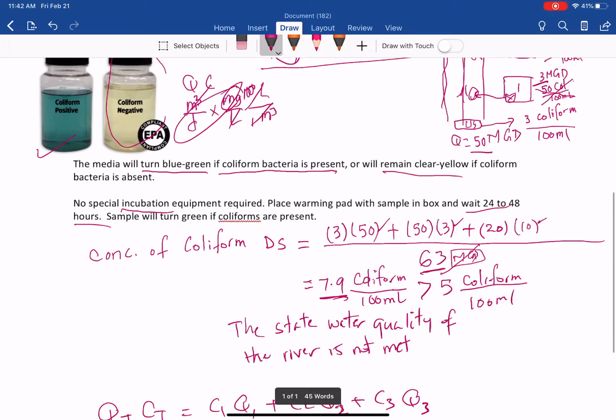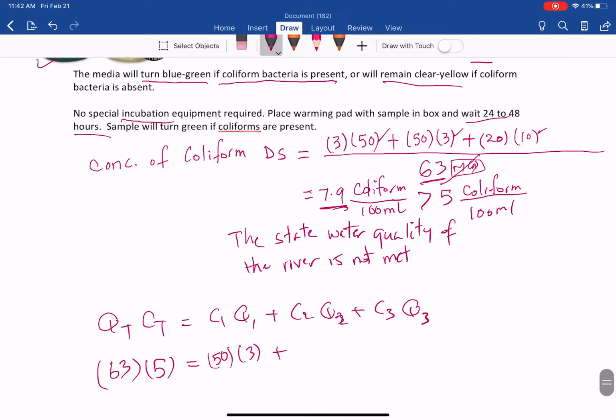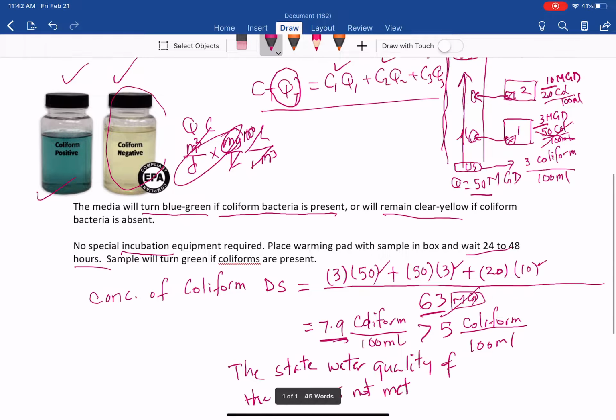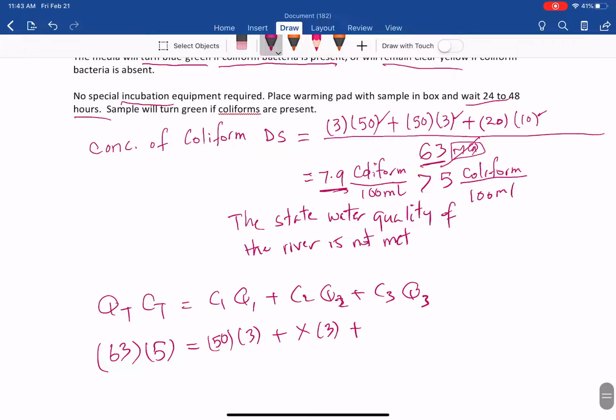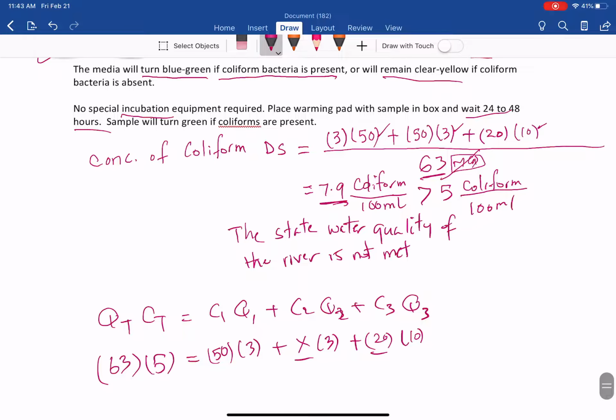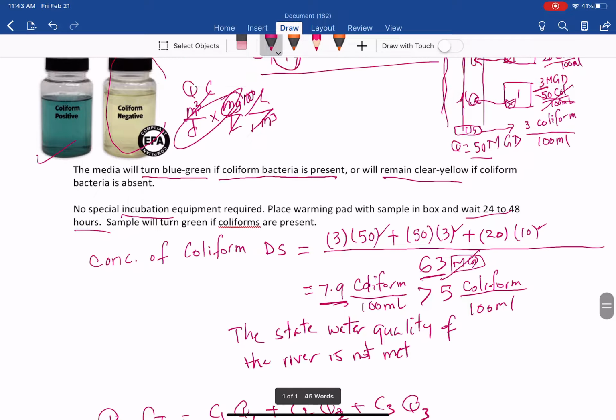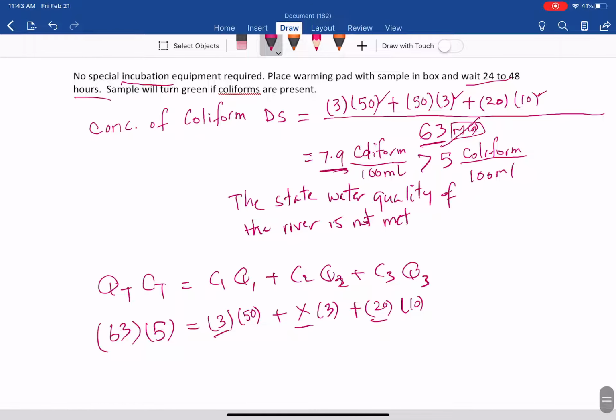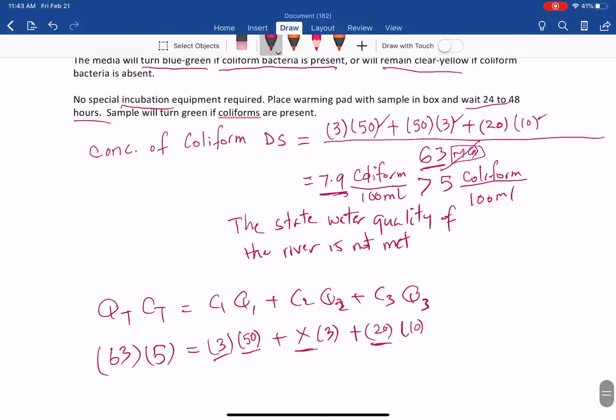So this is 50 times 3. Plus, now we go to Town 1: X times 3 million gallons per day, plus, and what's C3? 20 times 10. So these are concentrations, but this is not concentration. So this is 50 and 3, coliform, and this is million gallons per day.